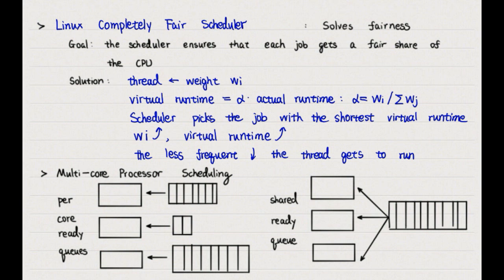So far, we have considered CPU scheduling for processors with only one core. Let's consider when we have a processor that has more than one core. Multi-core processor scheduling. There are two mechanisms that can be used: per-core ready queues, that is, each core has its own separate ready queue, and shared ready queue, where all cores share the same ready queue.